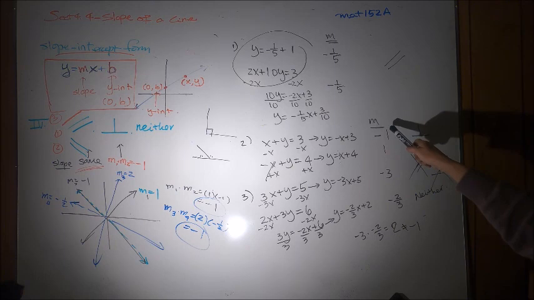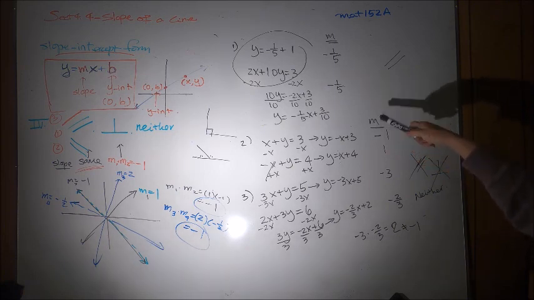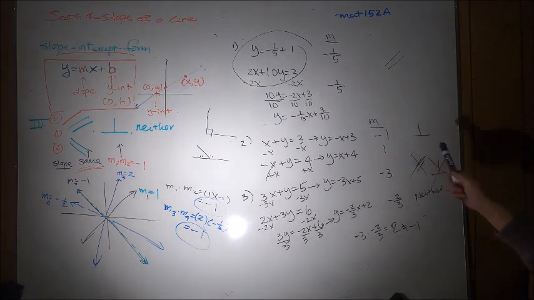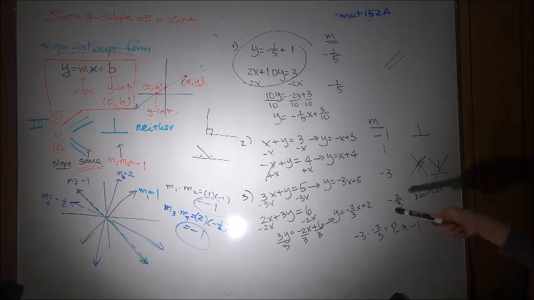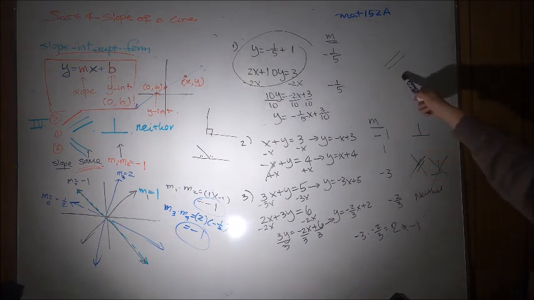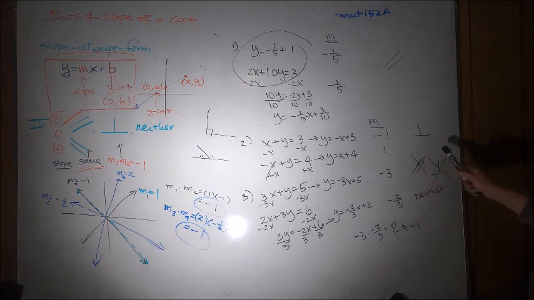Then we decide how two lines are related to each other, whether or not they are parallel, perpendicular, or neither. Are we good? So that would be your section 4.4.